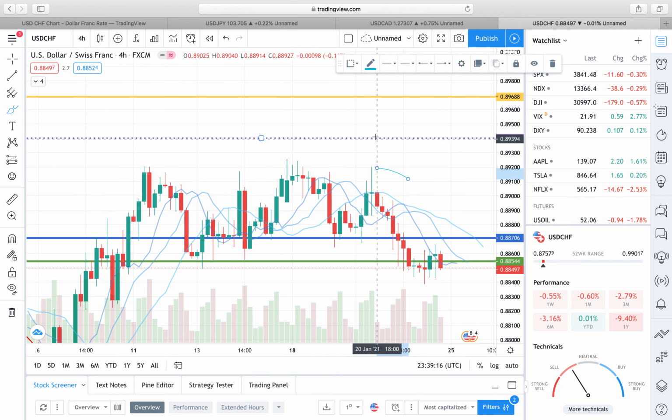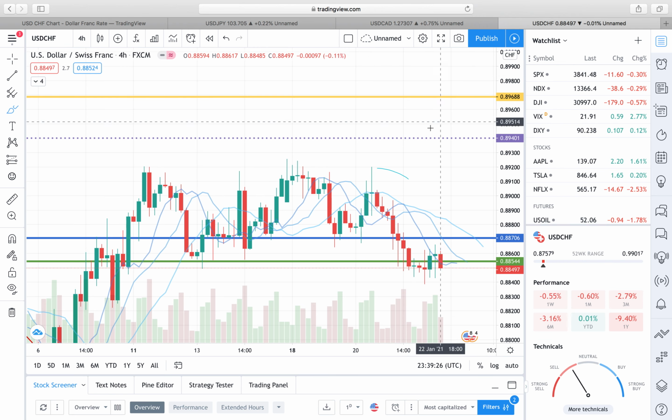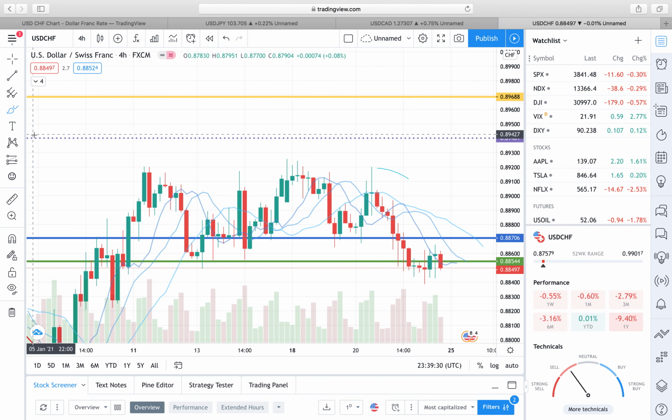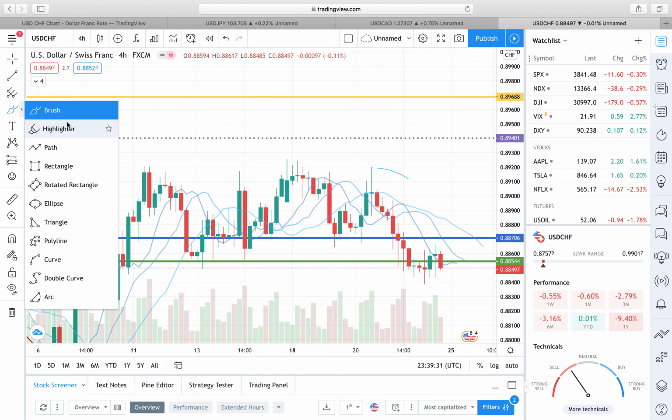And then if you don't want it anymore, just click on it and then press the trash button. Oh my gosh, I'm gonna have to click off of the brush. Go back on here.